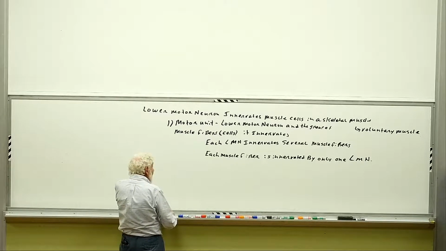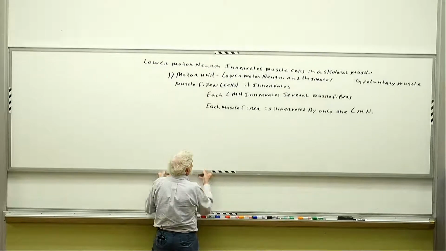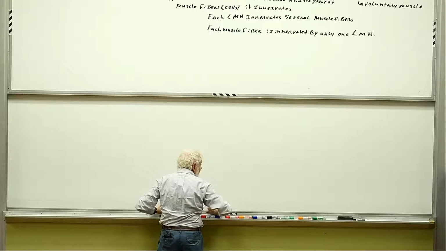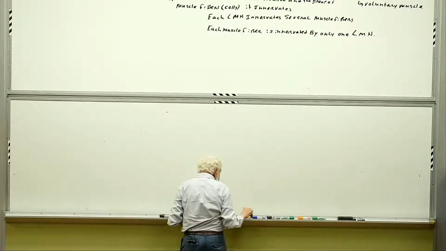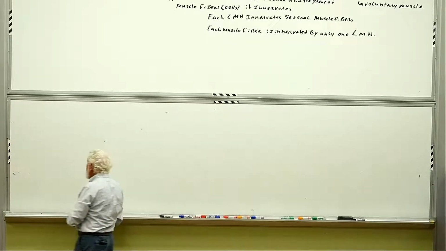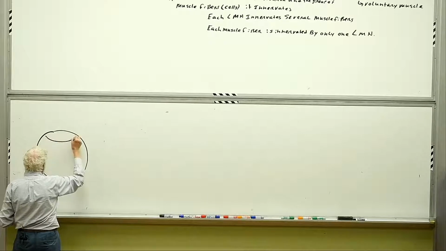So then, with that idea, let's draw something out and see if I can illustrate this with this simple drawing. And we'll start again with the cross-section of the spinal cord. The gray matter.